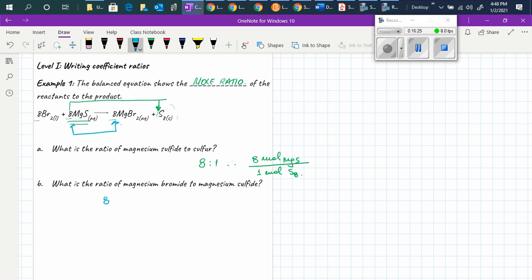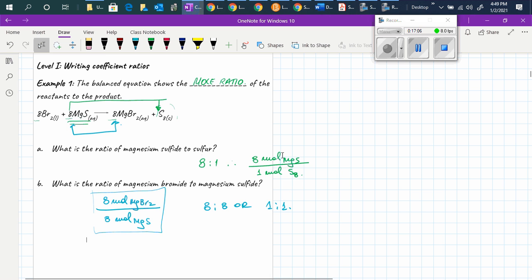It is 8 moles of magnesium boron and 8 moles of magnesium sulfate. So 8 to 8, or simplified, 1 to 1. For the purposes of calculations in chemistry, we don't even need to simplify it. We just need to identify the molar ratio.